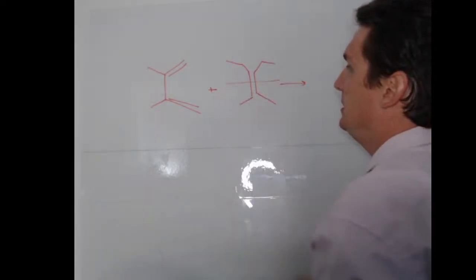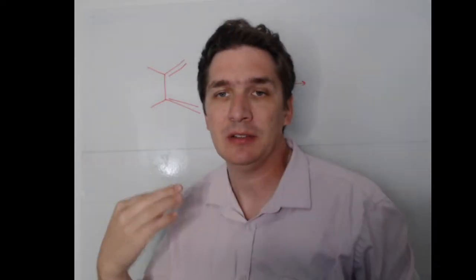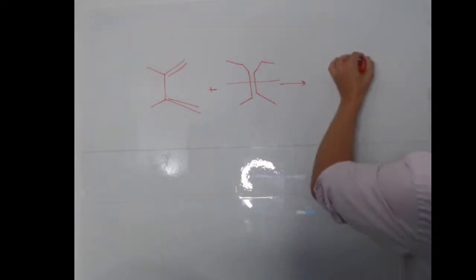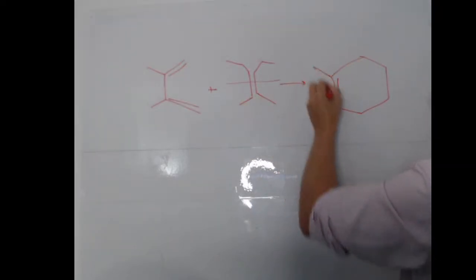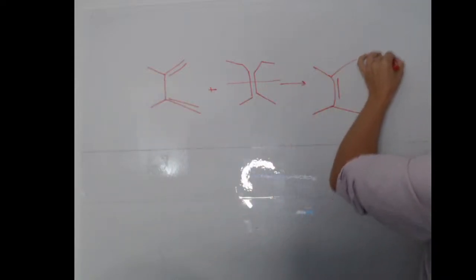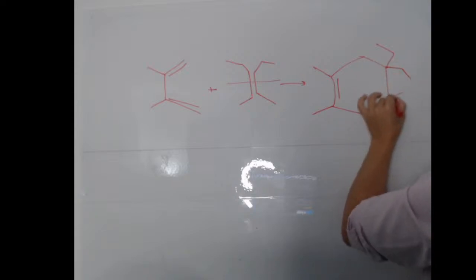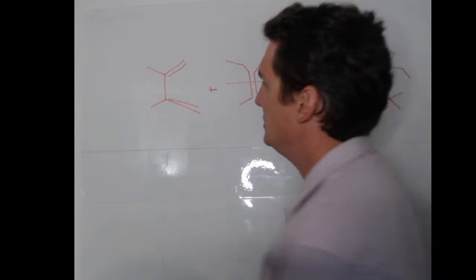Here, even though this will not generate chiral centers, let me draw the predicted product. We end up with this. There's no R/S for anything around a double bond, but we end up with a diethyl group here and a dimethyl group here.